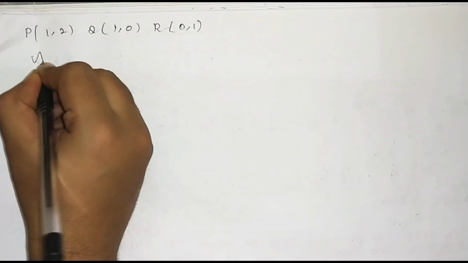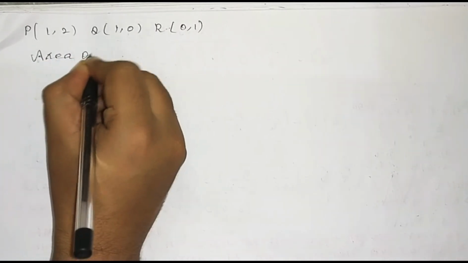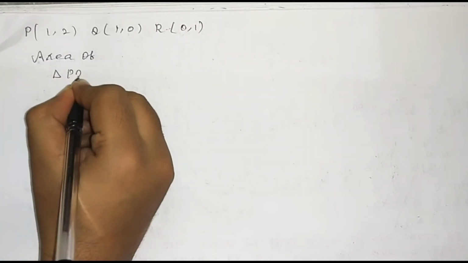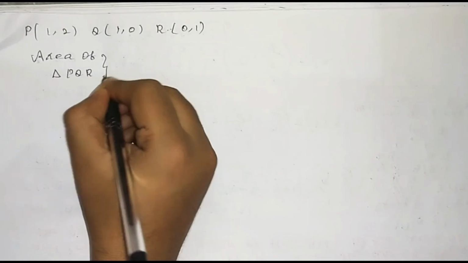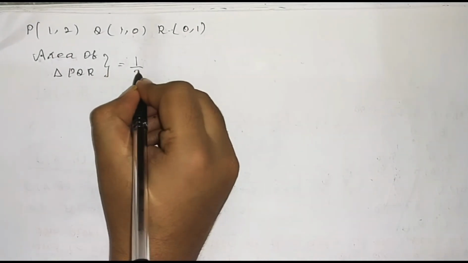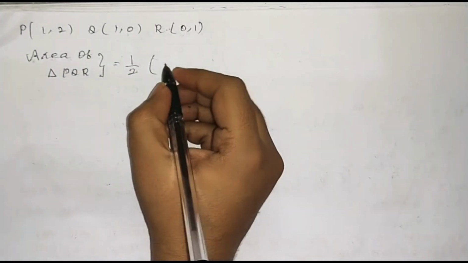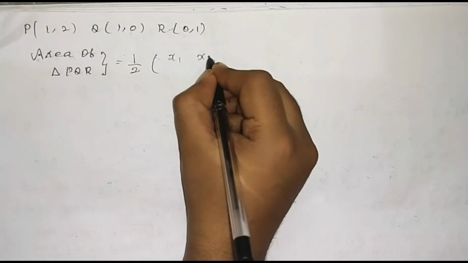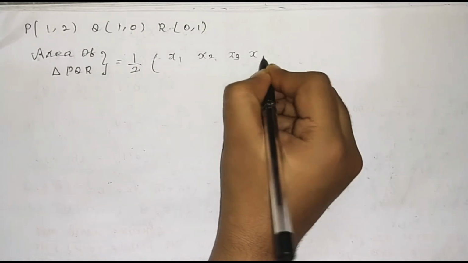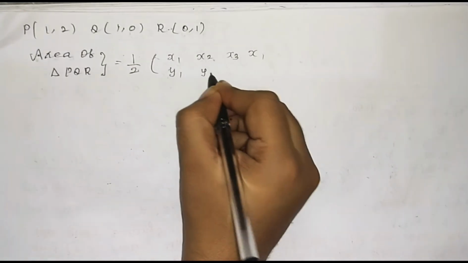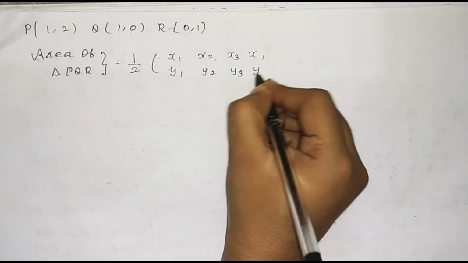Now, we are finding out area of triangle PQR. I am using the second formula, 1 by 2, open the bracket x1, x2, x3, again x1, y1, y2, y3, again y1.